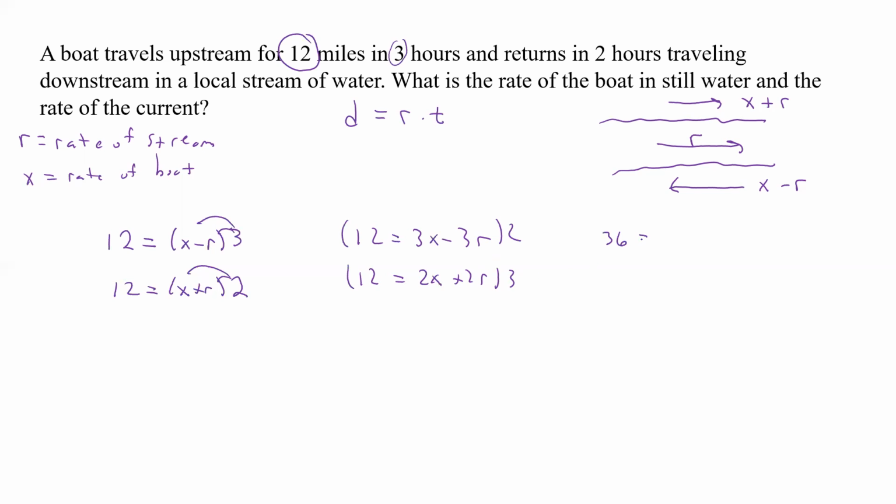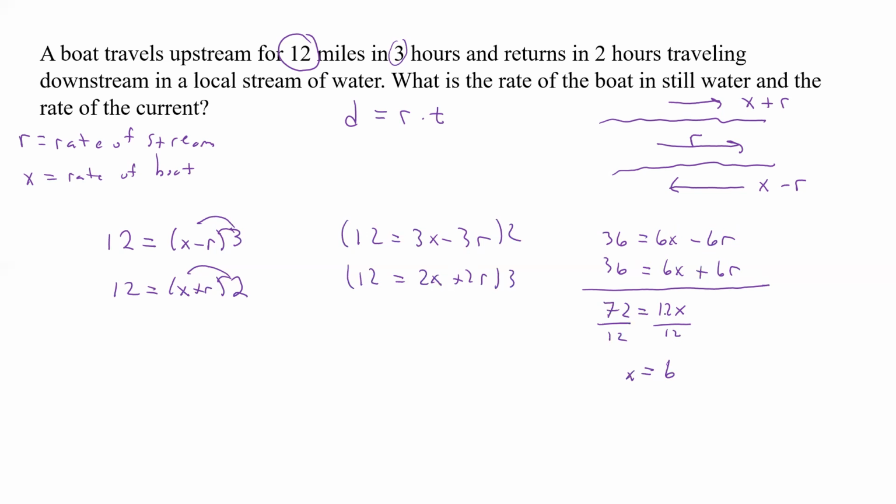So 36 equals 6x minus 6r, and on the bottom we have 36 equals 6x plus 6r. Guess what? Those cancel, which is what we tried to get to happen because we saw that those were opposites. So now we have 36 plus 36 is 72 equals, and 6 plus 6 is 12x. Divide by 12, so x is equal to 6.